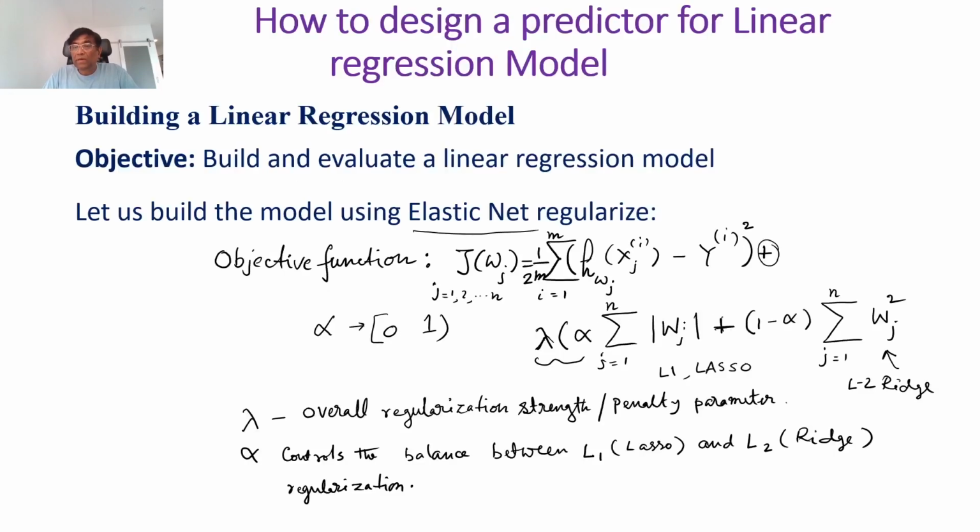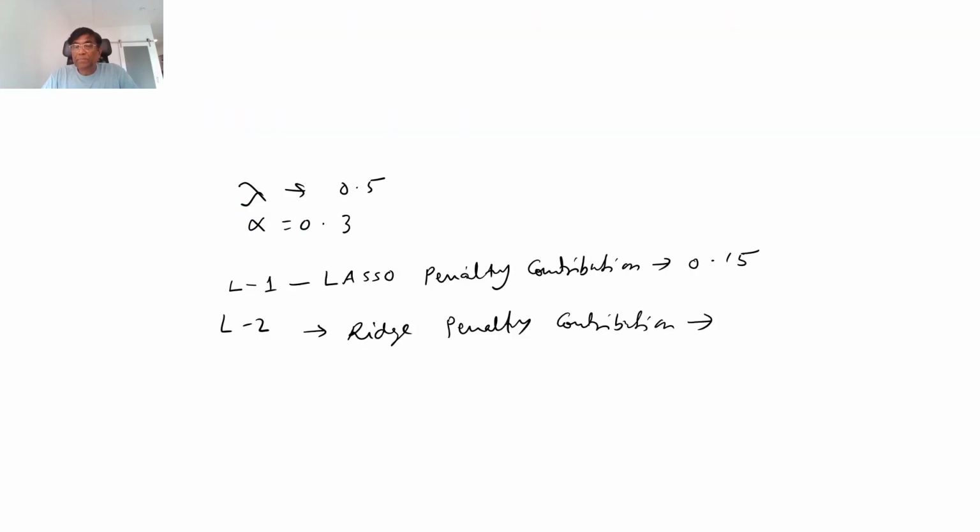Here you see that it is 0.5 times 1 minus 0.3, which equals 0.5 times 0.7, that is 0.35.